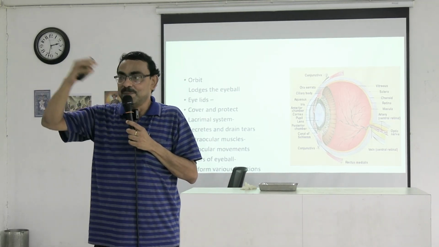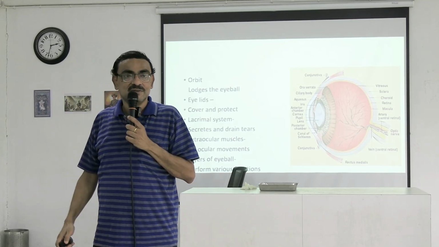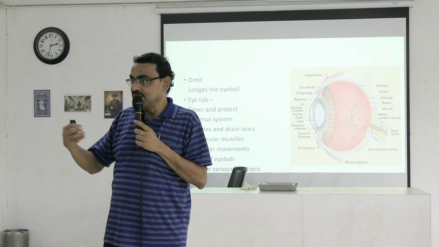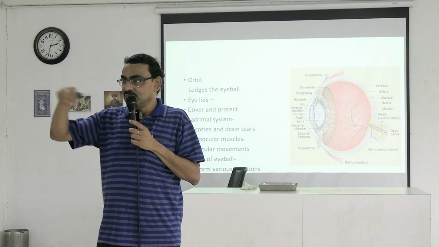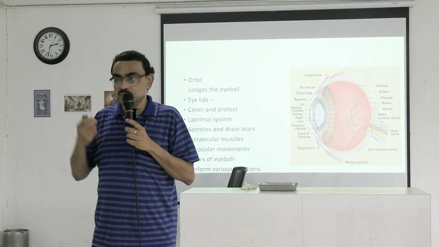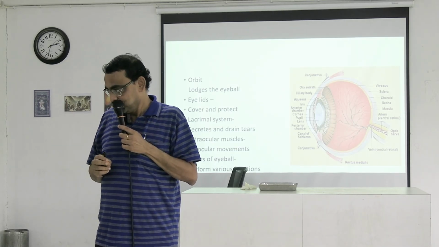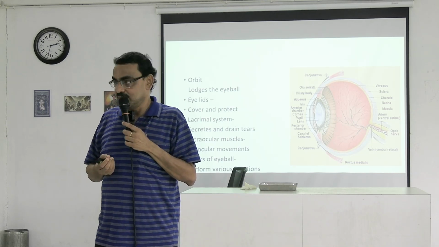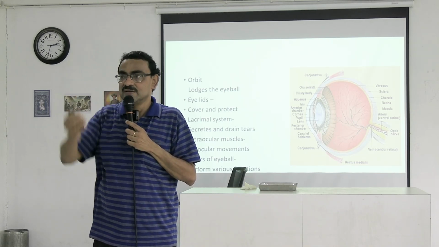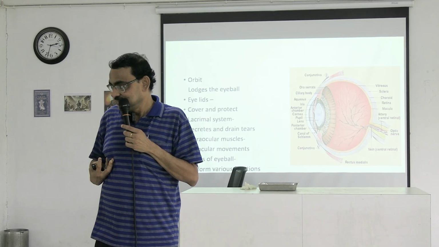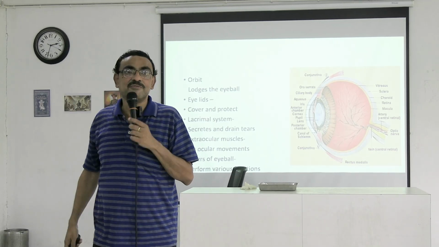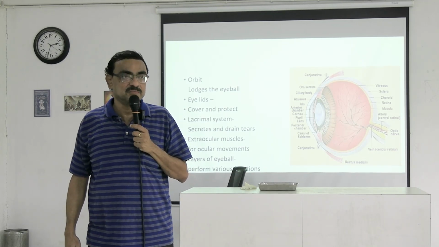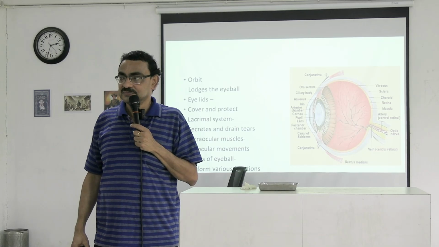A part of the eyeball or interior of the eyeball may try to protrude, and this protrusion is called staphyloma. Any part of the eyeball coming out like a hernia is called staphyloma.